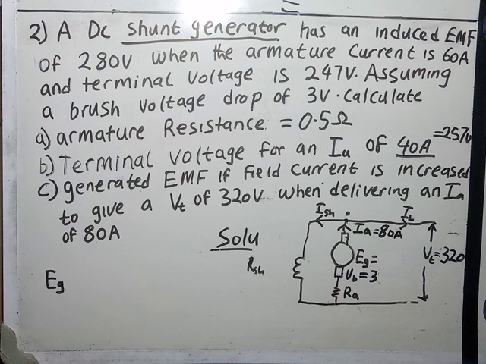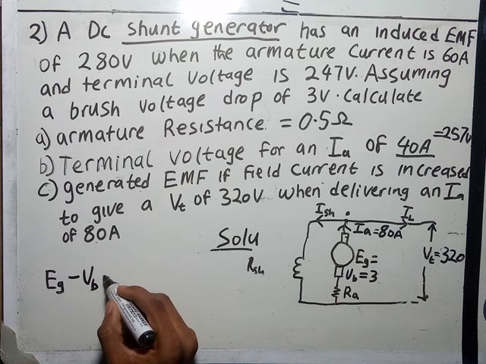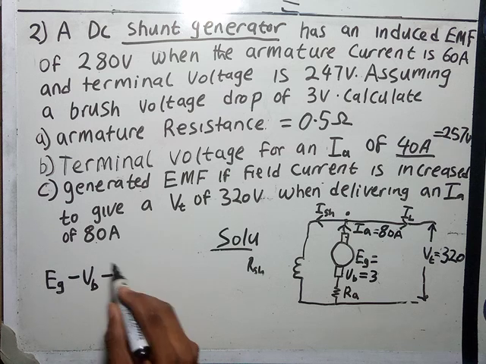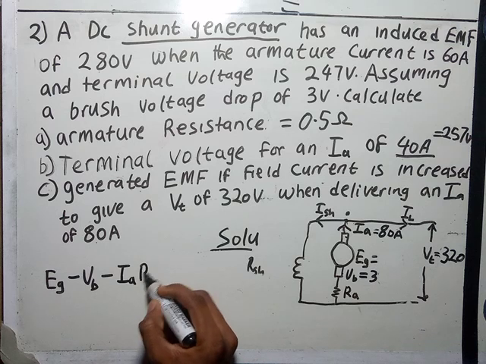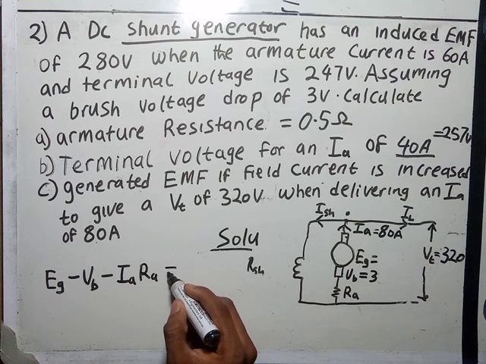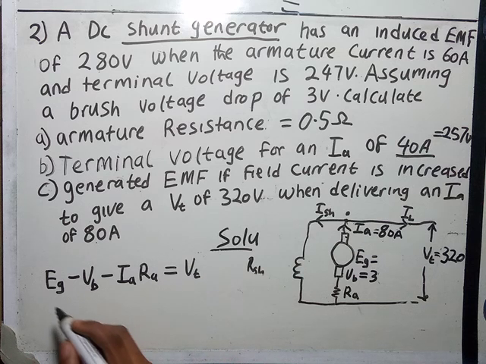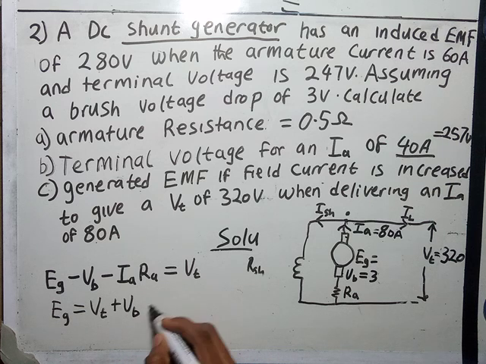So we'll still use our formula, nothing is changing. EG minus your VB minus your voltage drop due to armature resistance, and this all is equal to your VT. Now making EG the subject of the formula, we have that EG is equal to VT plus VB plus IARA.